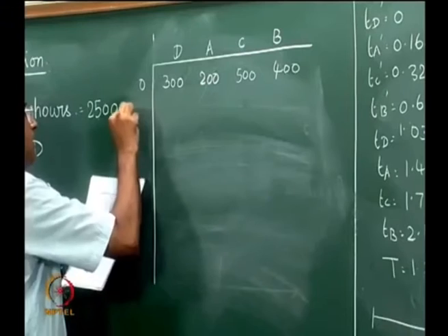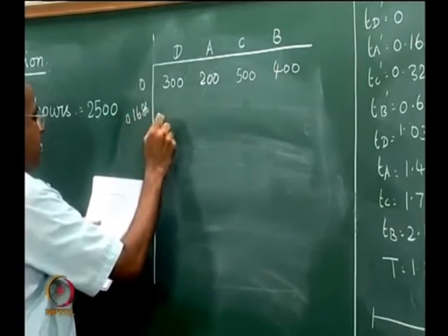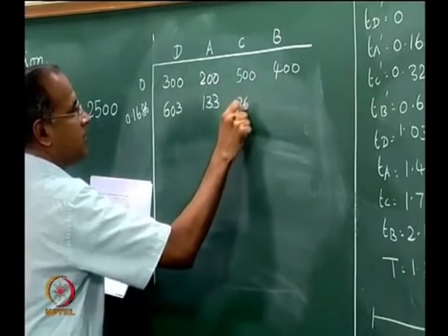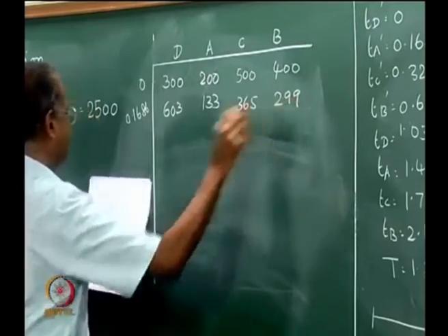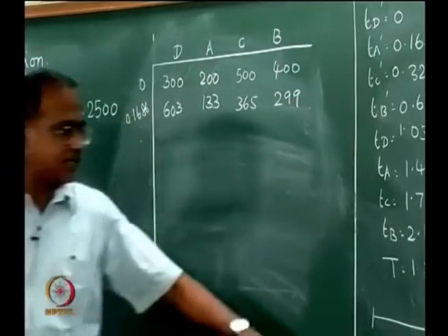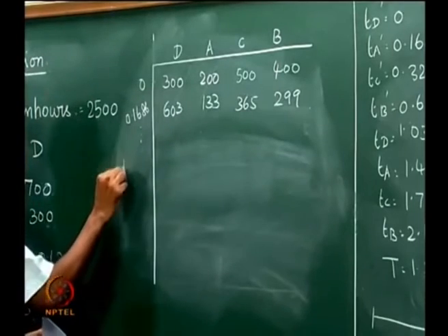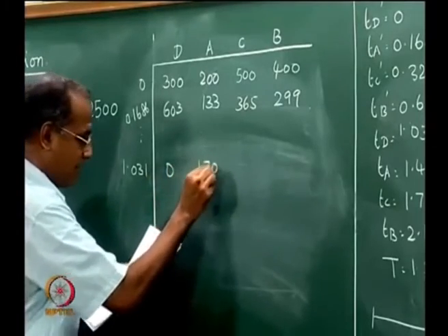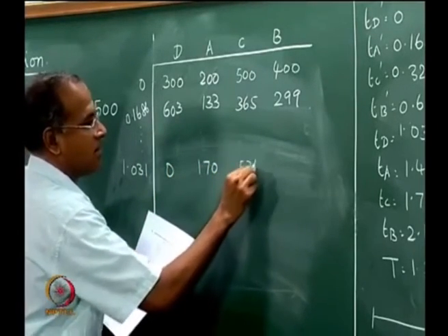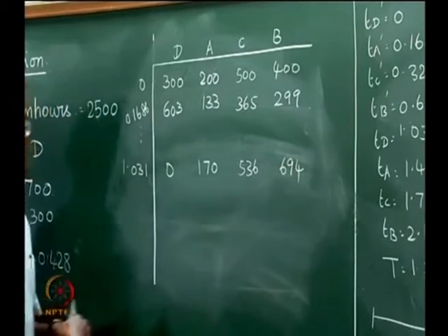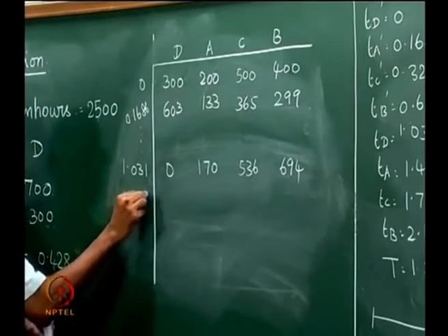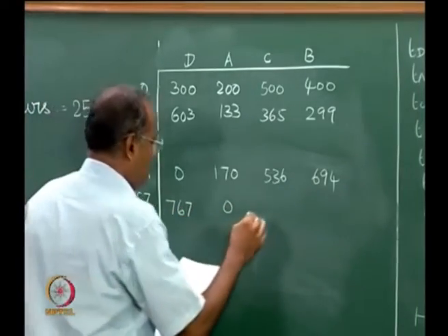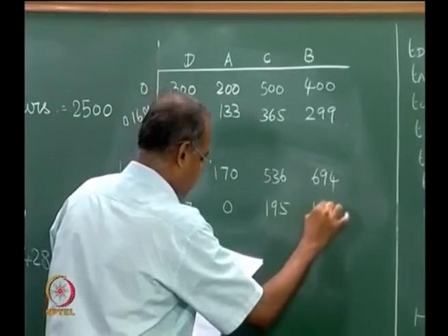At time equal to 0.1686, it is 603, 133, 365, 299. We go through this, and the point that is most important for us is 1.031, it is 0, 170, 536, 694. At 1.457, 767, 0, 195 and 438.